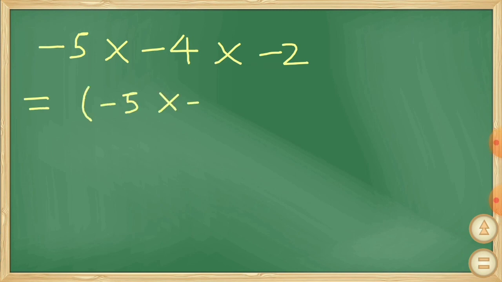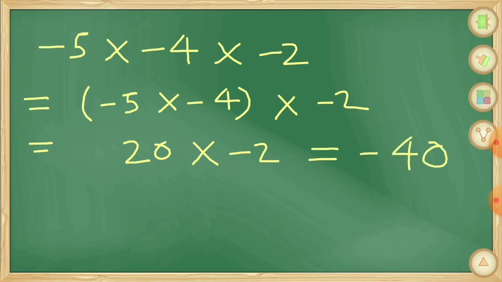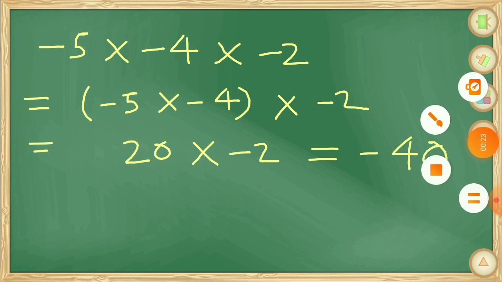Let's take an example of minus 4 into minus 5 into minus 4 into minus 2. First we group minus 5 and minus 4 together and get plus 20, and then we multiply it with minus 2 and we get minus 40. So that's how we multiply or divide. You can do that in division too.